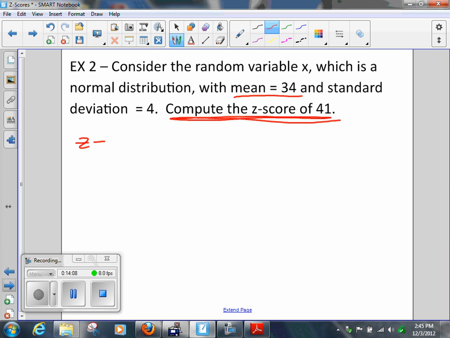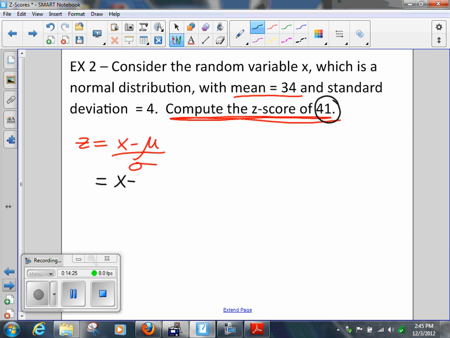So the z-score is equal to x minus mu over sigma. And we start putting in these values. The value that we're given says compute the z-score for 41. Well, that's our x right there.